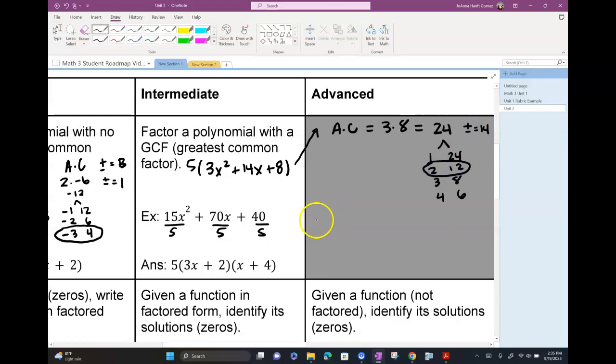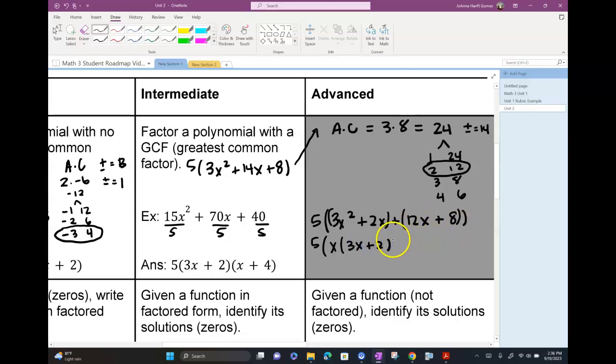So then we keep that 5 out front there. And then we have our 3x squared plus 2x plus 12x plus 8. And then we group. So we have 5, and then what they have in common in here is just x.